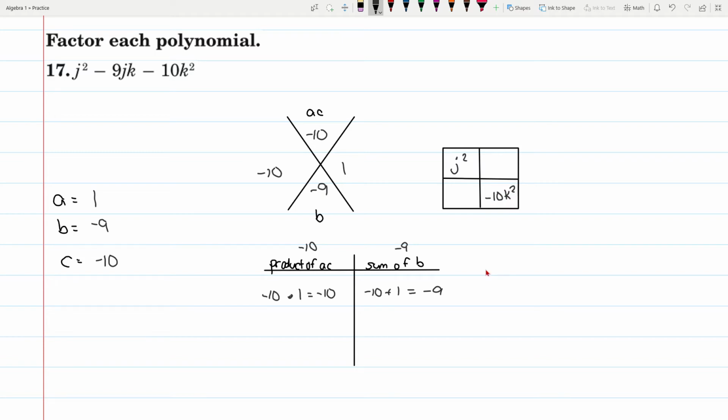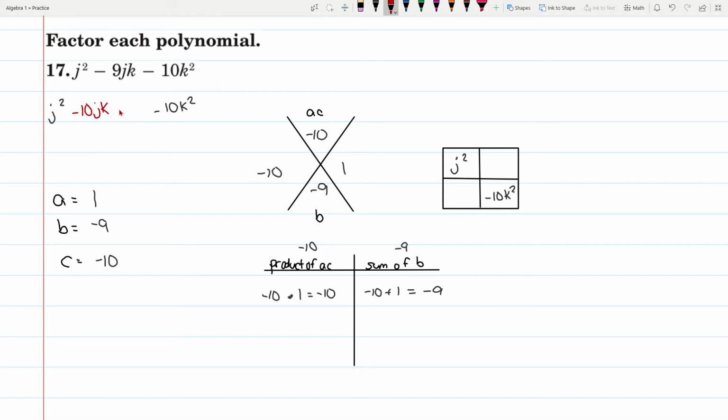Now, if we go back to what we're actually doing here, we're trying to come up with a different way to factor by grouping, a visual way.